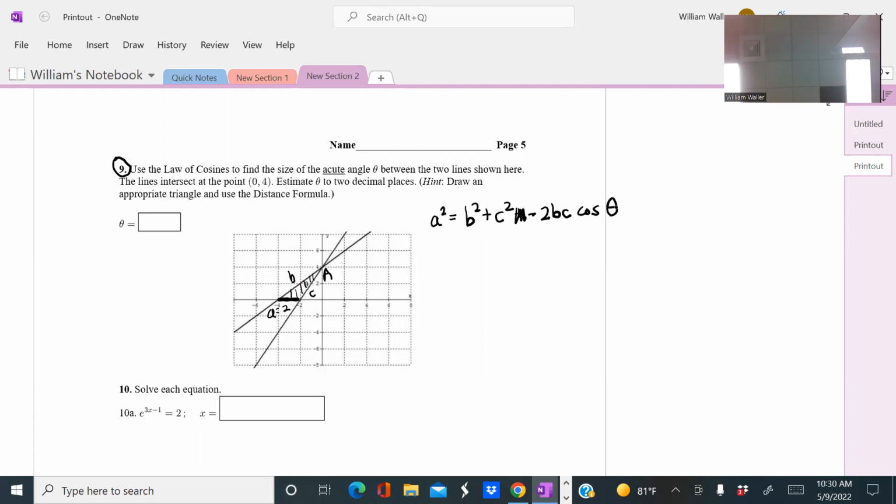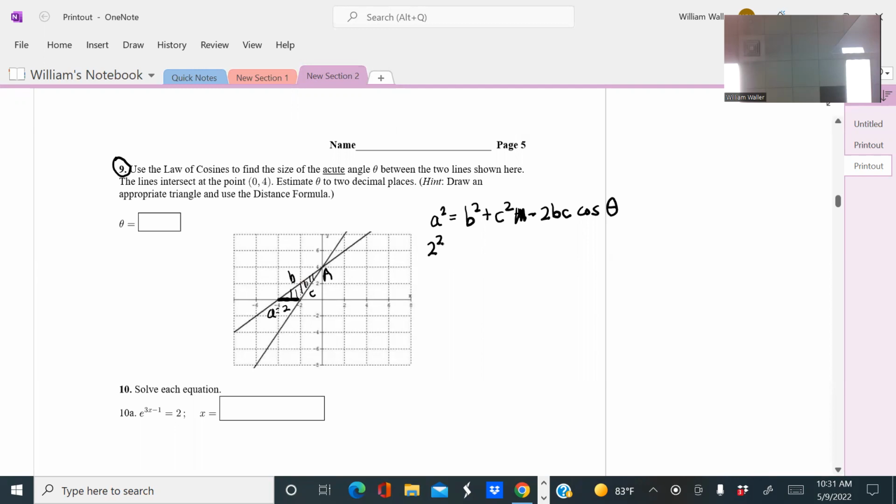And now I'm sort of in good shape, right? Because I've got now this equation that involves theta. And so maybe I can solve that equation for theta. But to solve this equation for theta, I've got to know what the A, B, and C are. But I know the A, right? The A is 2. So I'm making some progress.